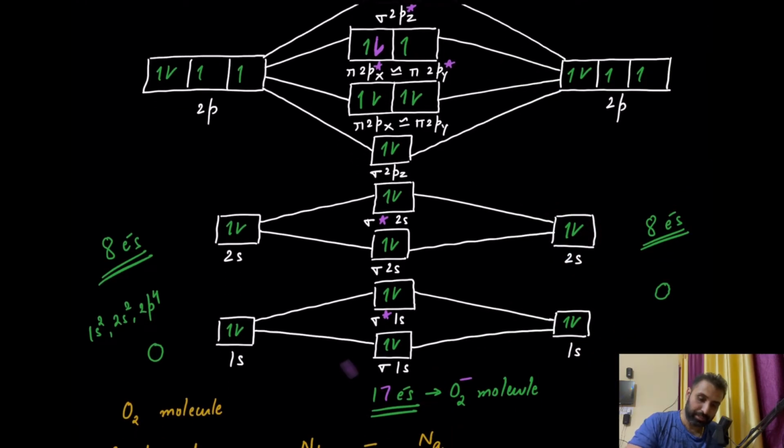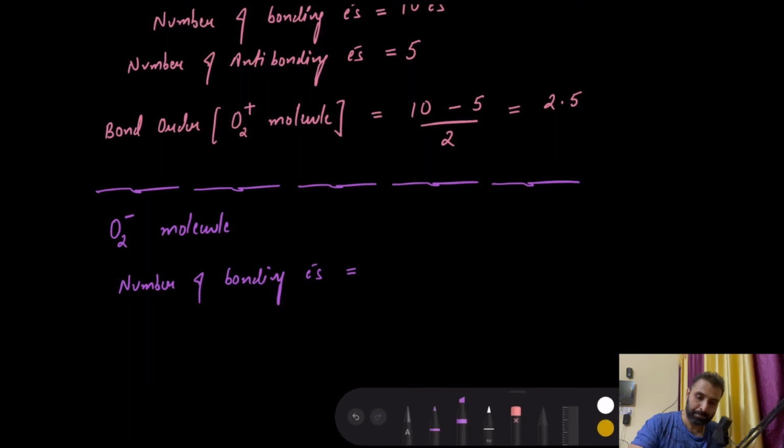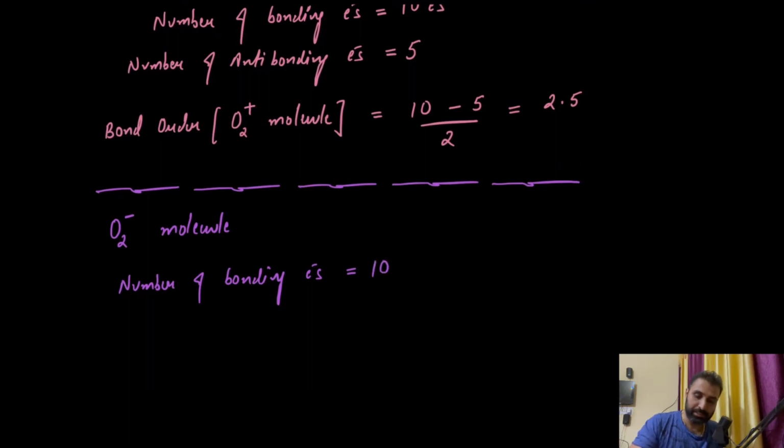That's the first two electrons in sigma 1s, that's the bonding molecular orbital. Then sigma 2s, we got the total of 4 now. Then 5, 6, then 7, 8, 9 and 10. We got the 10 electrons in bonding molecular orbitals. So I'm marking 10 over here.